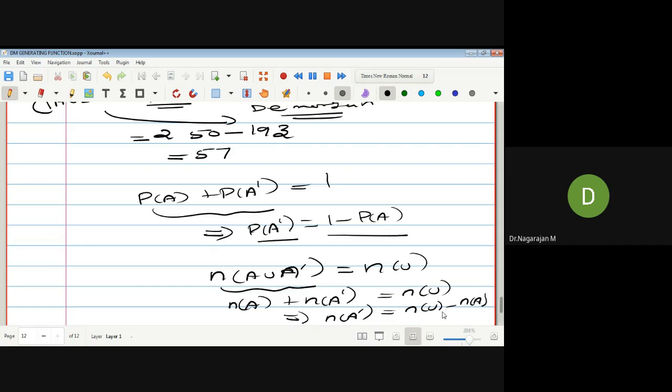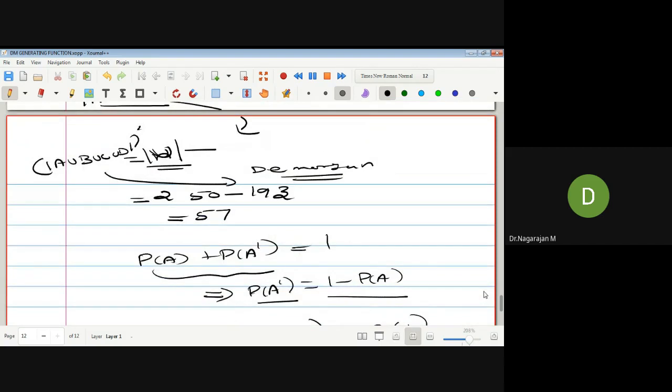This is a basic formula. The n of a is replaced by 193 and n of u means total number of values. Therefore, all results completed, the end result for the not divisible concept is 57.